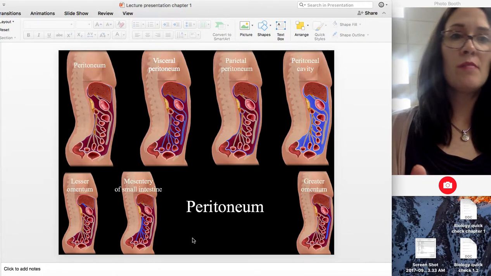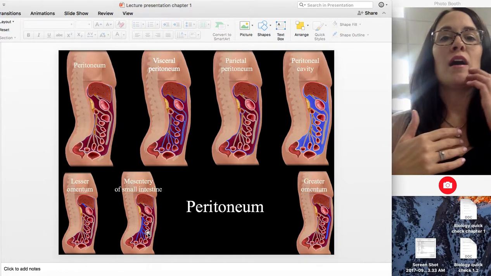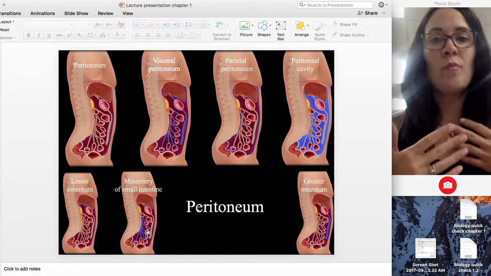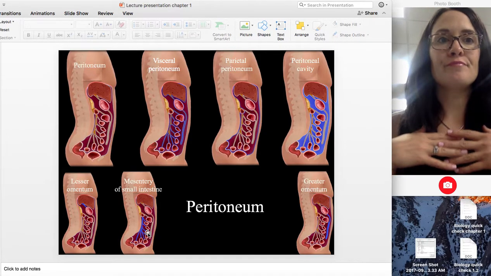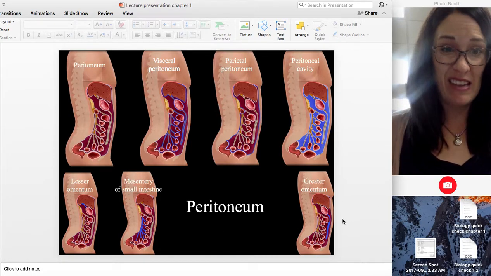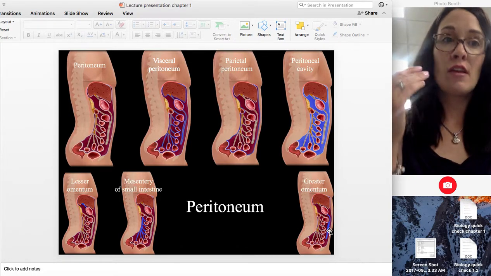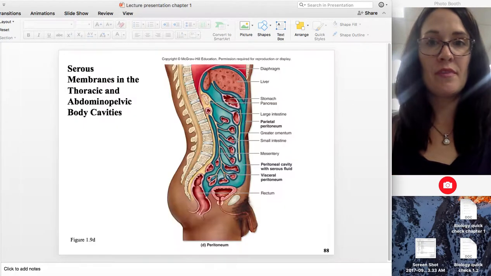Down here, we'll talk more about these when we get to the digestive system. In humans, and we'll see it in the cats as well, we have these things called omentums, essentially like a layer of fat, an extra layer of fat, a fat apron, they even call it this, the greater omentum, that you'll find in the abdominal cavity. And that's what you see there.